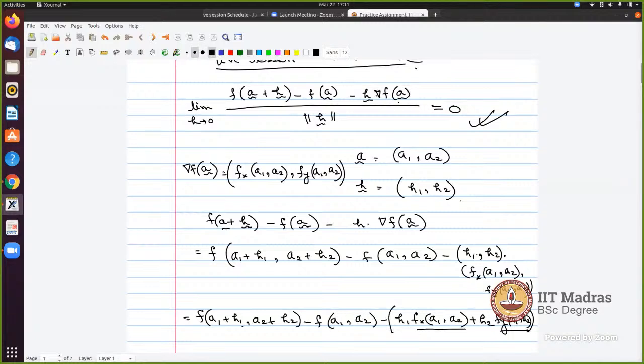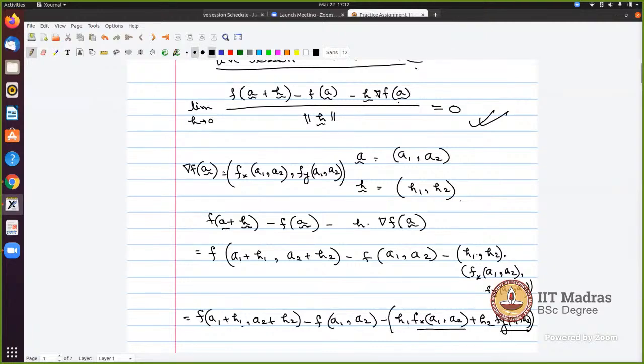A similar equation in one variable calculus, instead of the gradient, we would have the derivative multiplied by h. For one variable, how are we checking the differentiability? Do you remember?